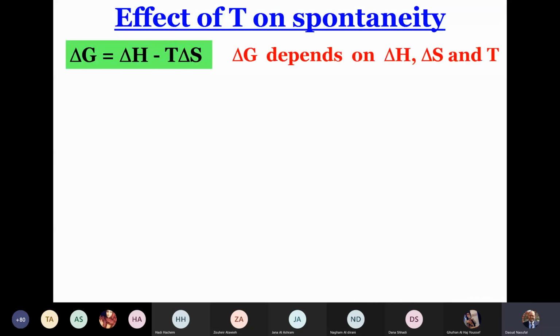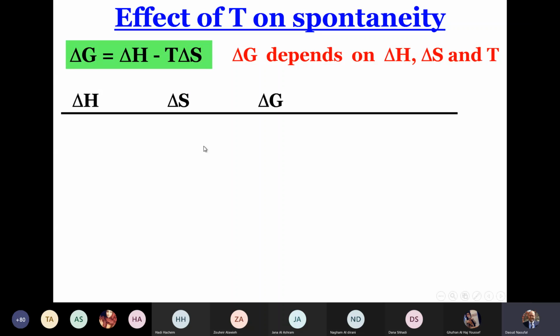Effect of T on the spontaneity. The spontaneity of the reaction depends on delta H of the reaction, delta S of the system, and also on the temperature. So the temperature is a main factor in determining the spontaneity of the reaction.